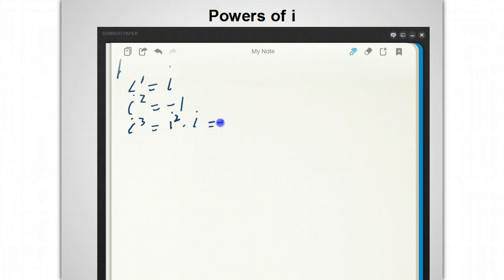Well, i squared is equal to -1 times i, which would be the opposite of i, or some people say -i. And then i to the fourth, we know from our rules of exponents, is i squared times i squared, and i squared is -1. So if we square -1, we get 1.